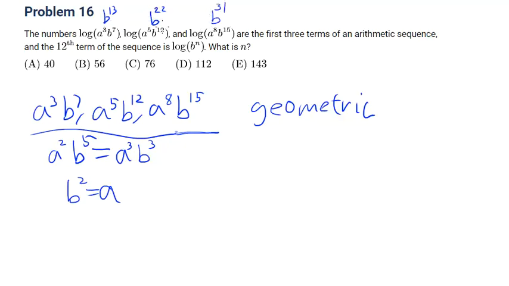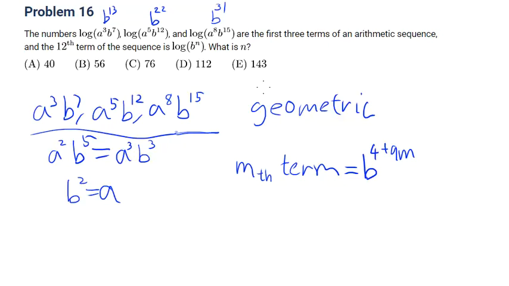In fact, we could just say that the mth term is equal to b to the 4 plus 9m. Like the first term is going to be 4 plus 9, 13. The second term is 4 plus 18, 22. You get it.